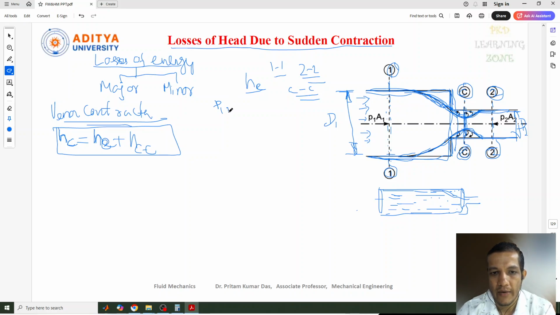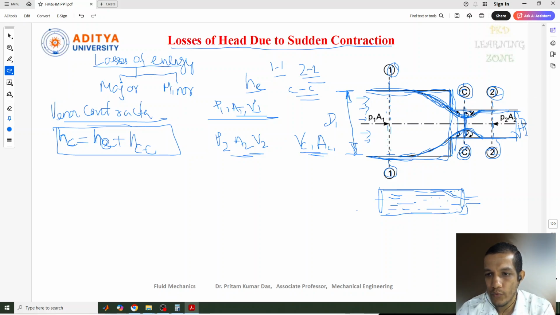The parameters are P1, A1 and V1: the pressure intensity, area and velocity at section 1. Similarly P2, A2 and V2: the pressure, area and velocity at section 2. Similarly at the CC point, we need to consider the velocity and the area of the vena contracta section.